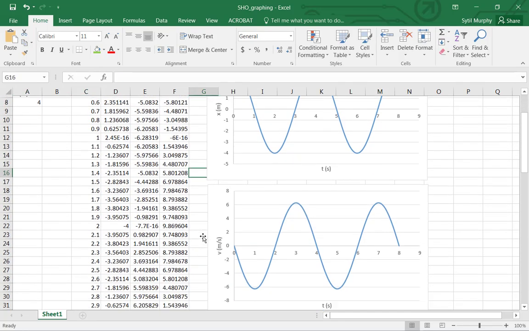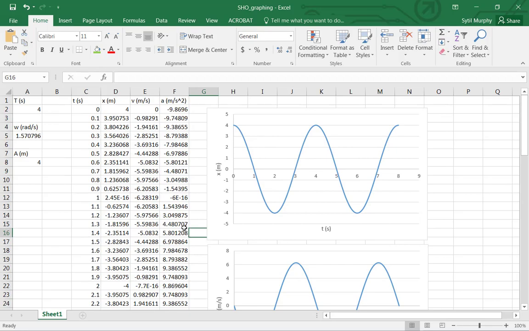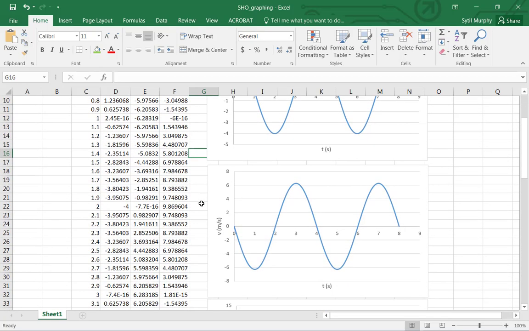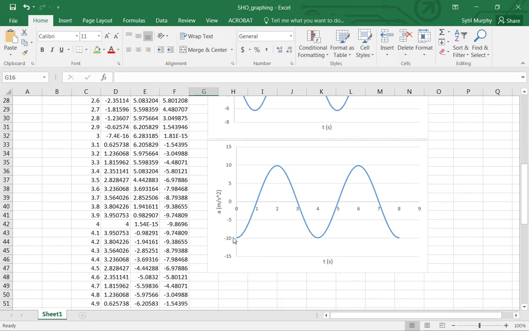If we go to the velocity graph, it is a negative sine, and notice it's oscillating between something around 6 and negative 6. That's because Vmax is going to be 1.5 times 4, which is roughly 6. And then lastly, we can look at the acceleration, which is oscillating between 10 and negative 10.